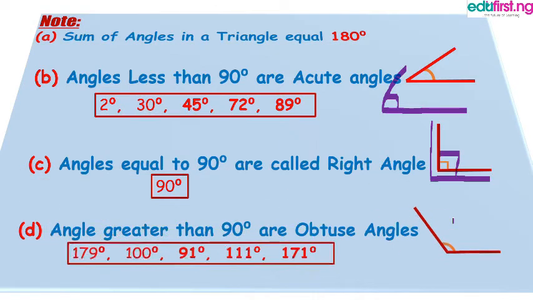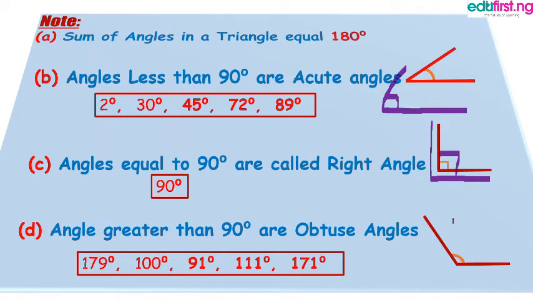Angles like 100 degrees, 91 degrees, 171 degrees and all of that. In as much as they are more than 90 degrees, they are called obtuse angles. You see in the figure, the horizontal line meets a slanted line at a particular point where they form an angle which is more than 90 degrees.